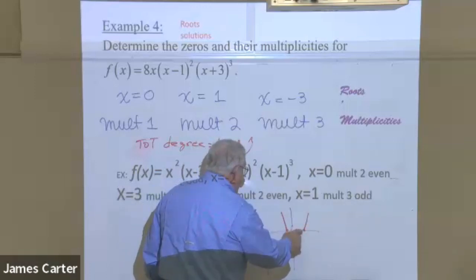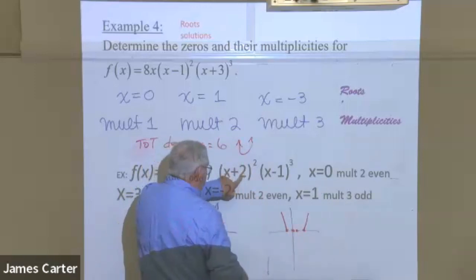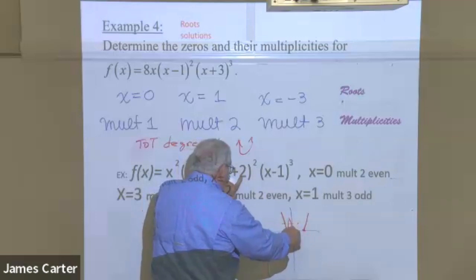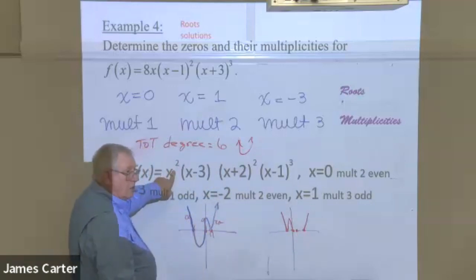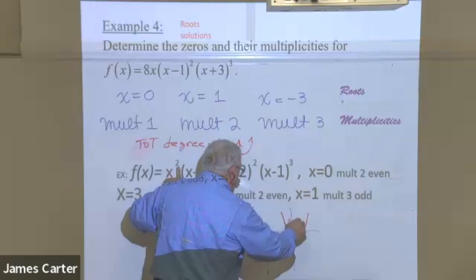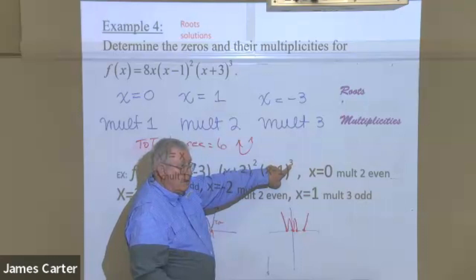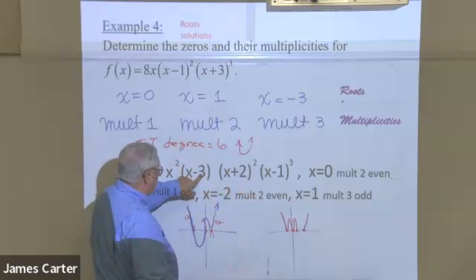Okay, so we got these. This one, the 2, or -2 rather, is a touch and go. That means this has got to come back up this way some far and then back to here. The 0 is also a touch and go because it's an even power. So it's got to go back up again and come down. But the 1 is a crossing power. Excuse me, not the 1, the 3.